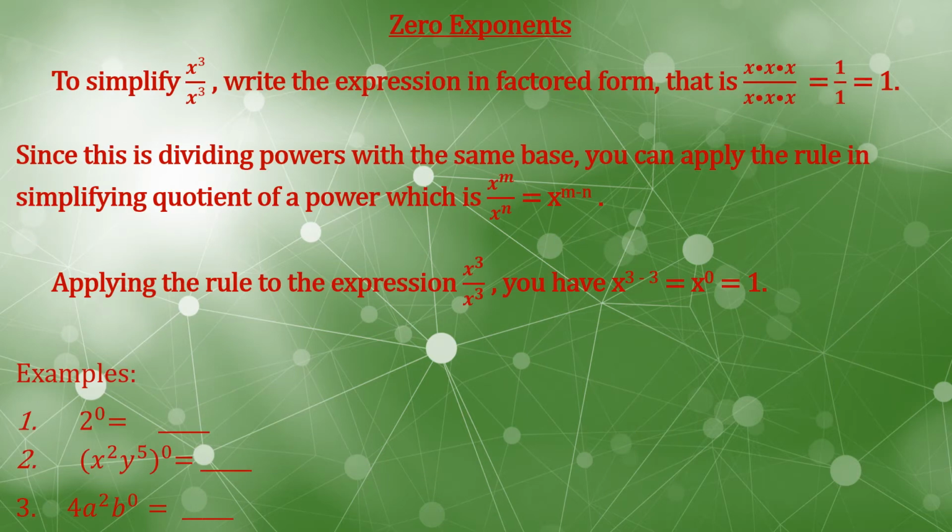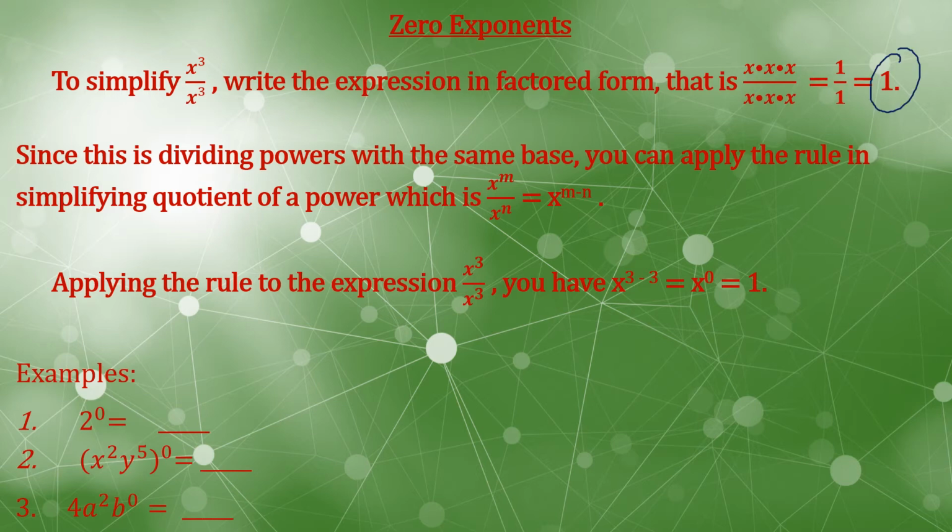Let's have zero exponents. To simplify x cubed over x cubed, write the expression in factored form, and that is x times x times x over x times x times x, which is equal to 1 over 1, or simply 1.